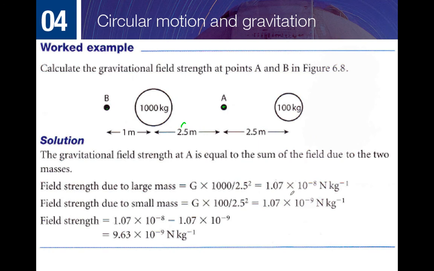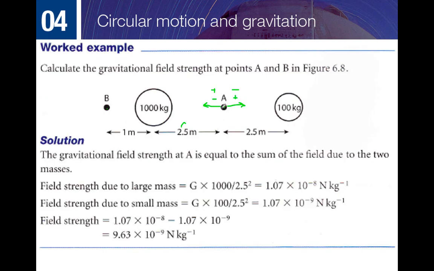Why would you subtract them? Why would you not just add these two together? Well, if you're on the spaceship, you're getting pulled this way, and you're getting pulled this way. So if you call this guy positive, then this guy has to be negative. Or if this guy is positive, you have to call that guy negative. They're in opposite directions.